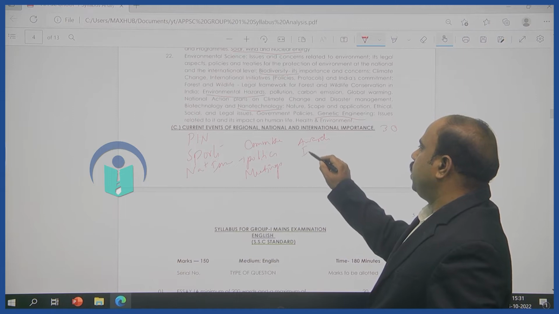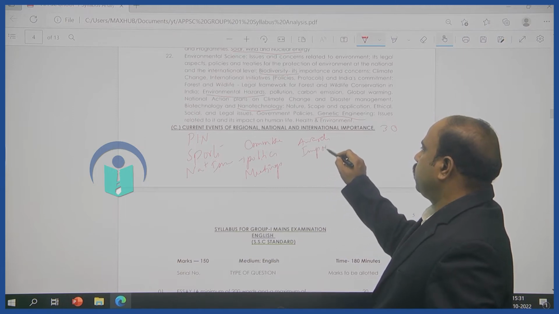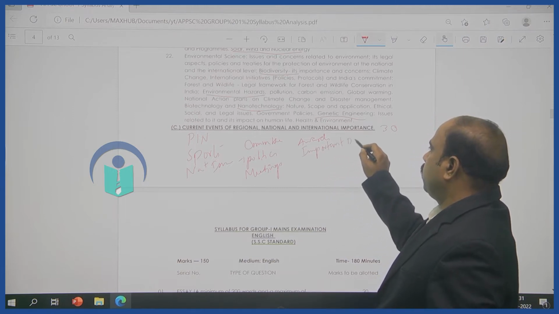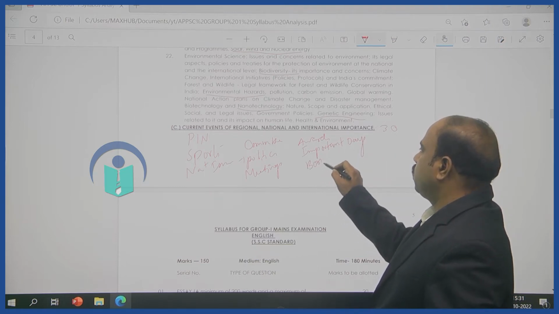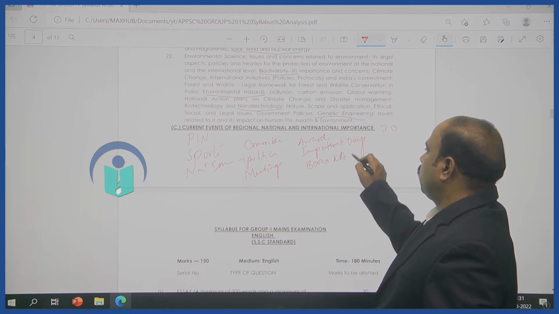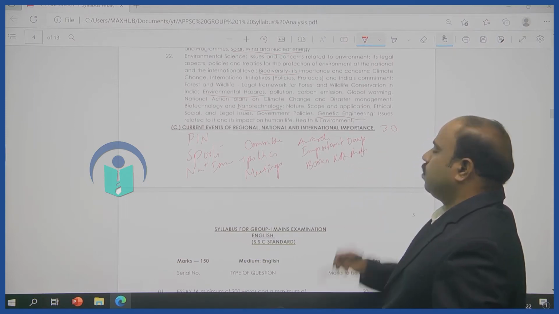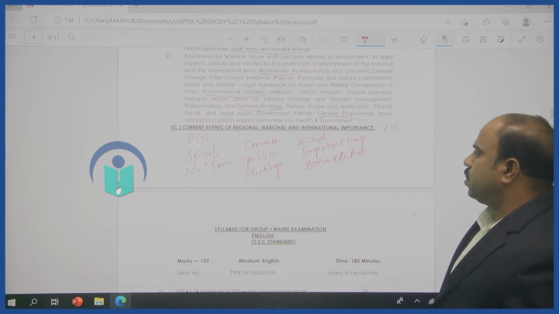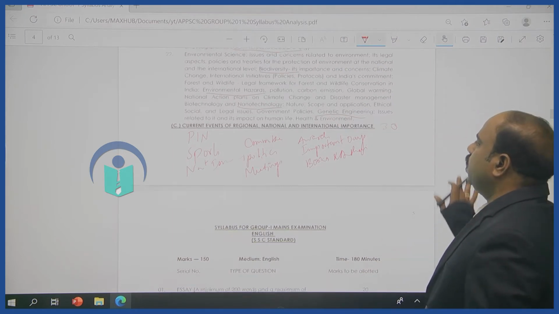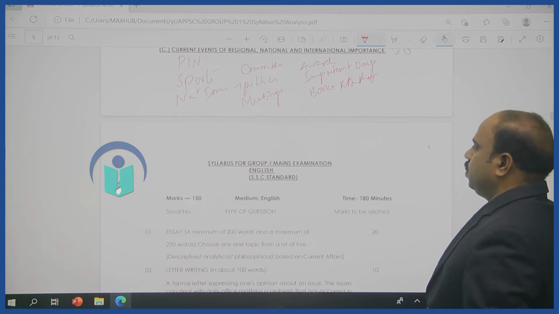The next, important days. Important also are books and authors. Following, national parks, important national parks, etc. All these are important. You will be getting 30 marks here.